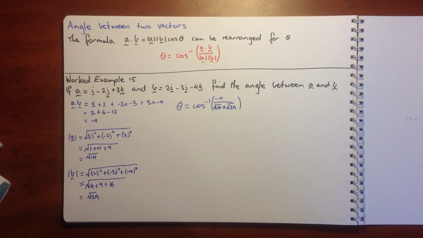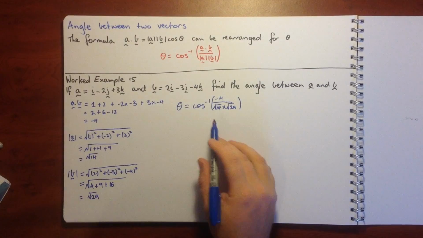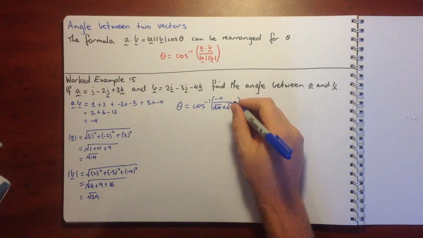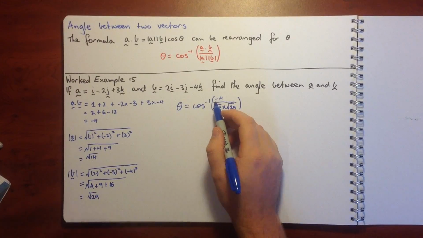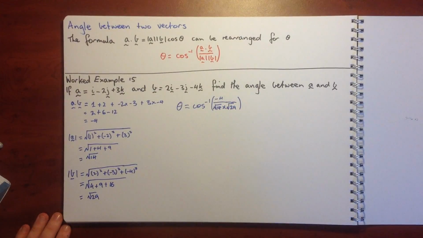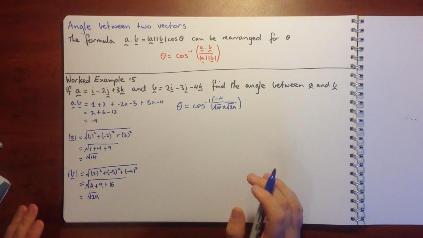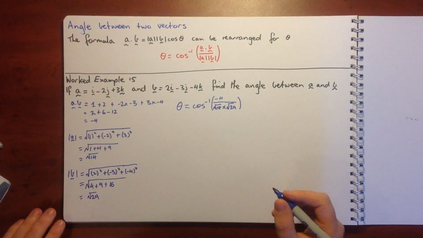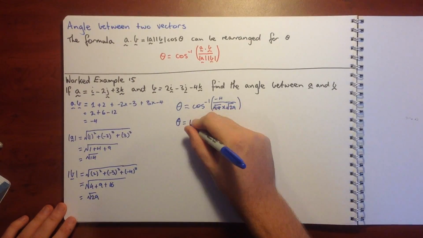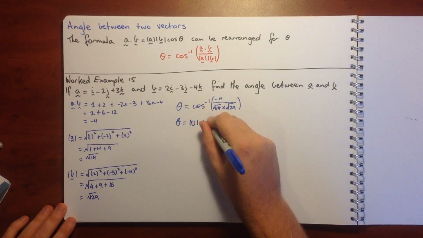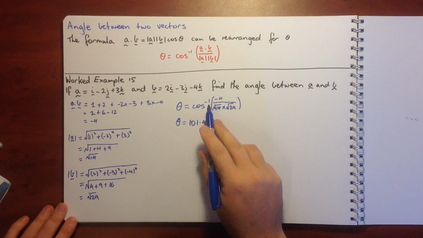So when we do this, we just use our calculator at this point. But we know that our angle is going to be negative, so the angle between our two vectors will be obtuse, or between 90 and 180. So we find that theta is equal to 101.45 degrees.